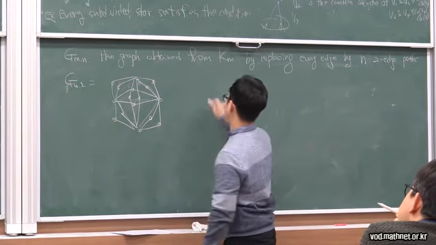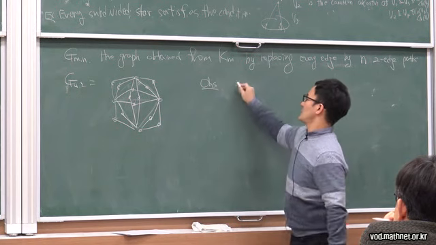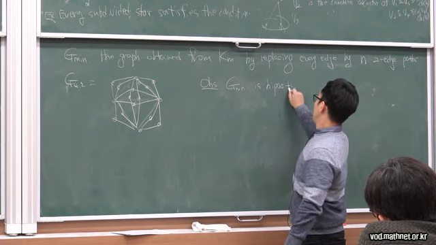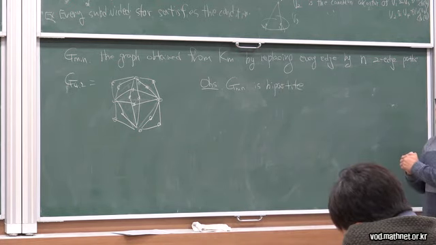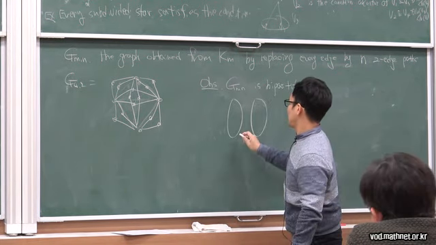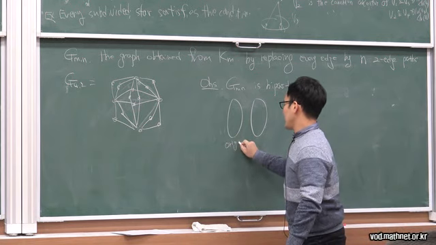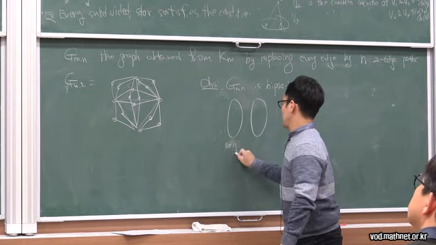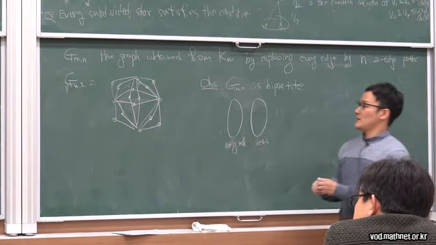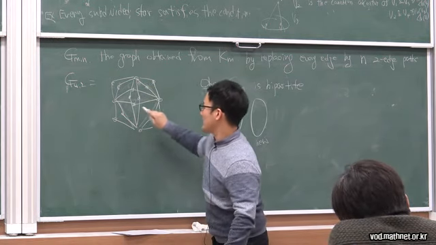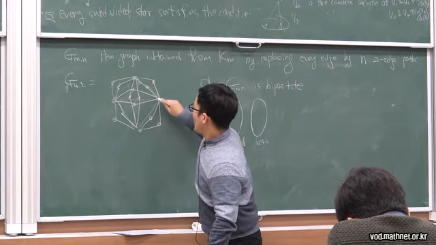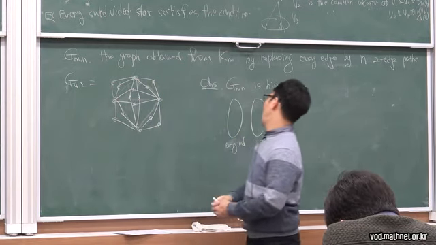Just observe that G(m,n) is bipartite. You can partition it into two sets: the set of original vertices and the set of new vertices. The new vertices form an independent set, and the original vertices also form an independent set.